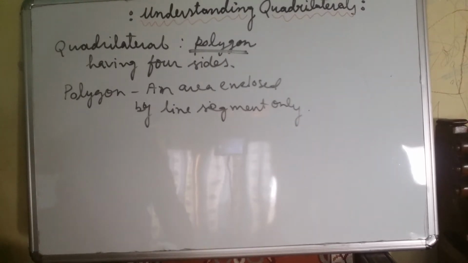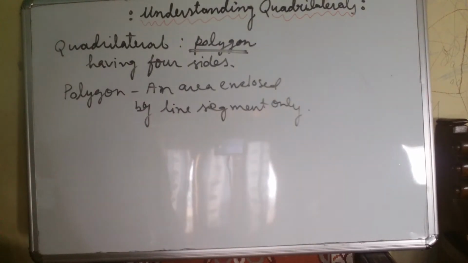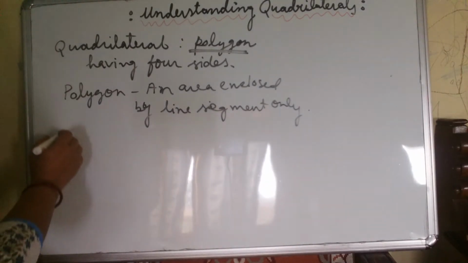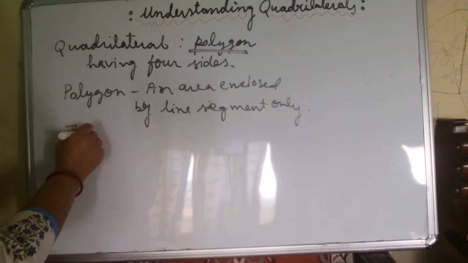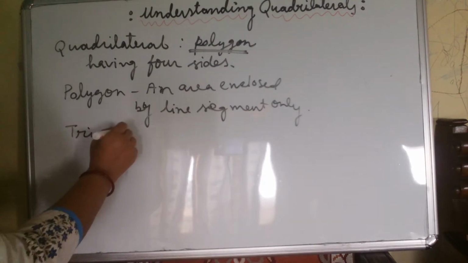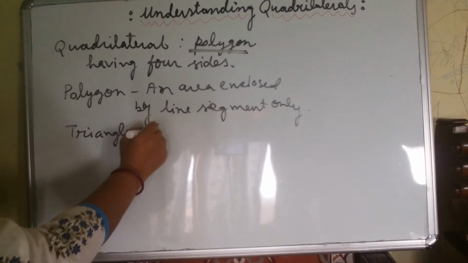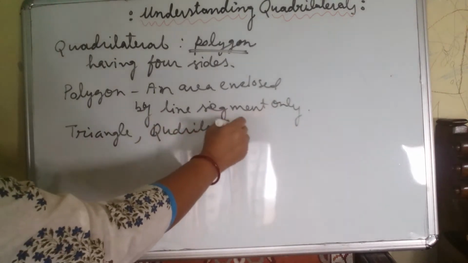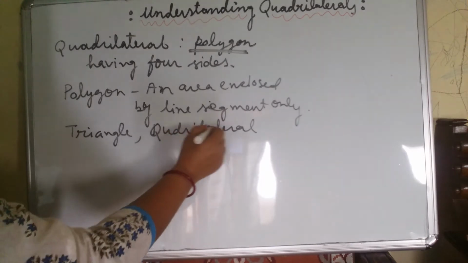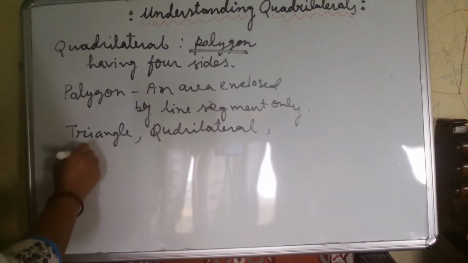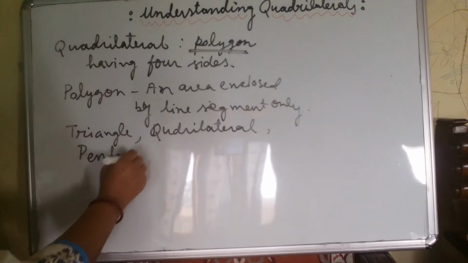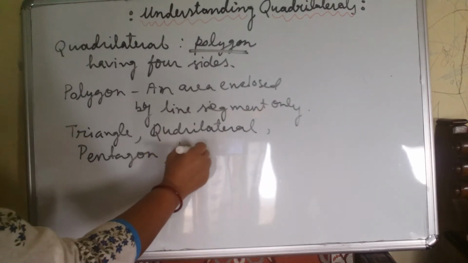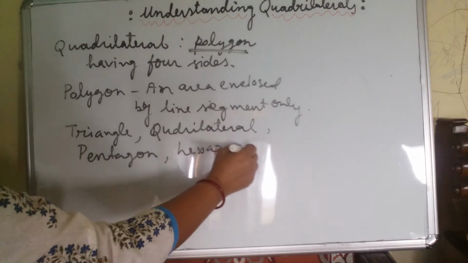So depending on the number of sides it is having, they can be named as triangle, quadrilateral, pentagon, hexagon, like this.